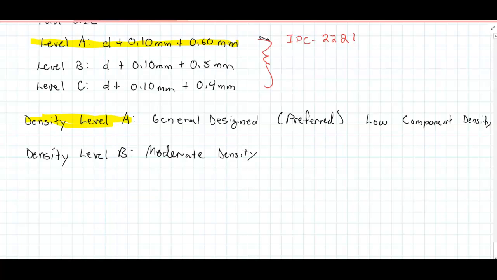Now, this is really designed for automation. And so this would be for automation.